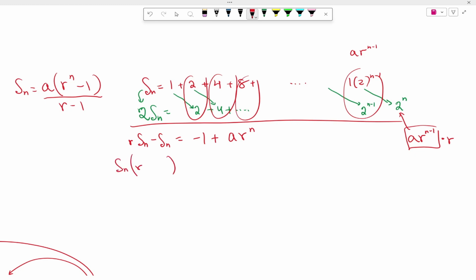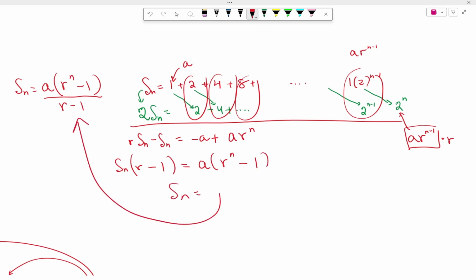R will be with what? Minus 1. Oh, and by the way, this 1, I should have said this is not just a 1. I should have called it an a, because it could be any term that we're starting from, correct? So let me just change this to be minus a. And on this side, we can factor out a, and we'll get r to the n minus 1. And then you can see how the formula comes to be.